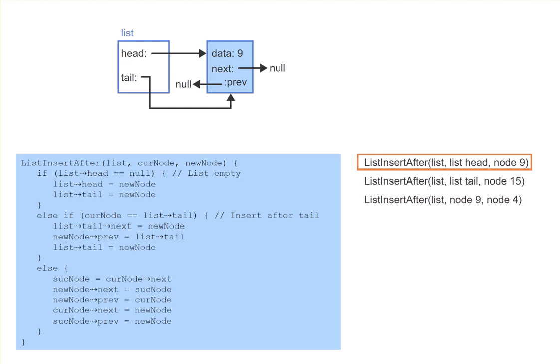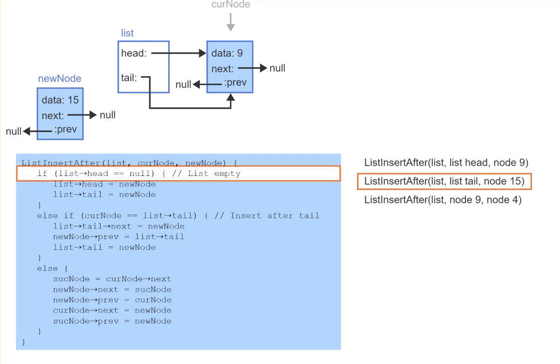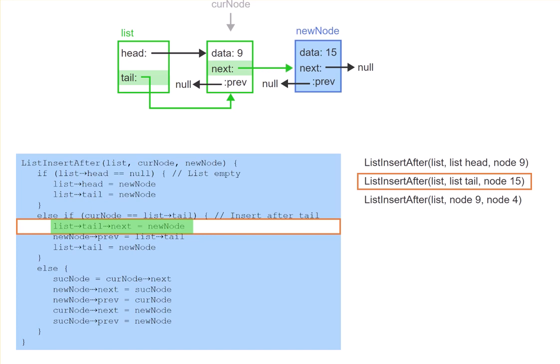So now the list is not empty. So it's going to check if the list is empty or not. So it goes to the second portion, assigns the tail's next pointer to the new node. And I think it's going to place it after the existing node with the data value 9.